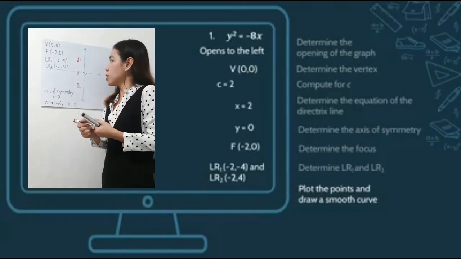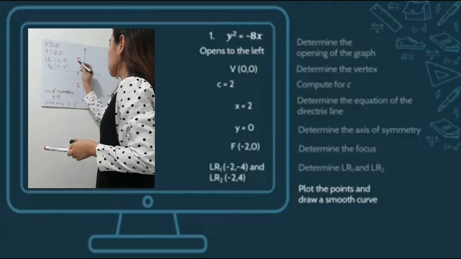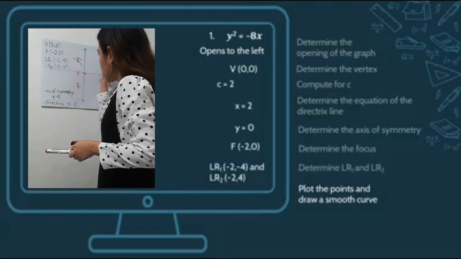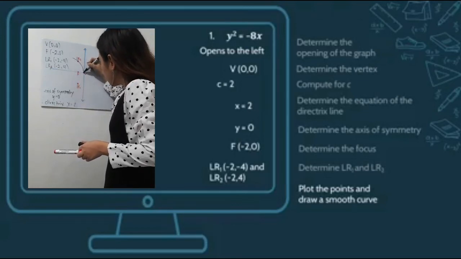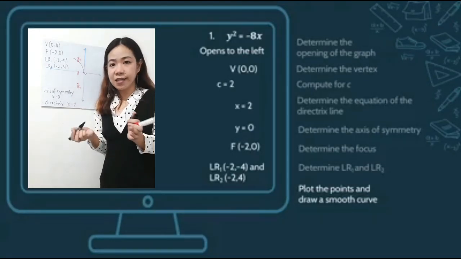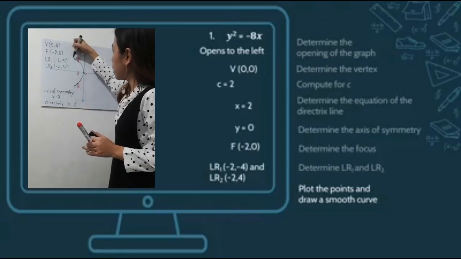Once we already have the points, we may now connect those points. From LR sub 2, connect a smooth curve to the vertex, not including the focus because that's inside the curve, and then going to the other endpoint of the latus rectum.